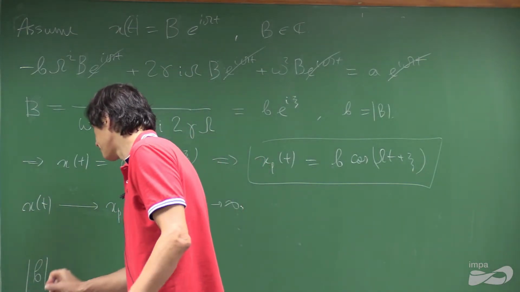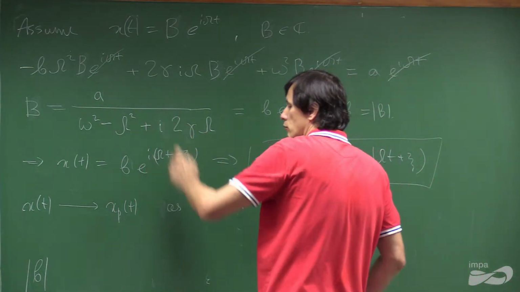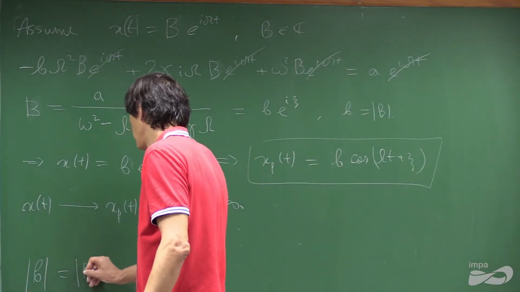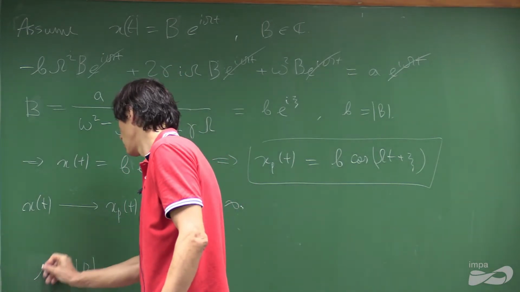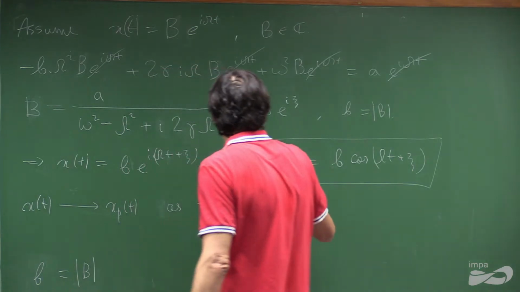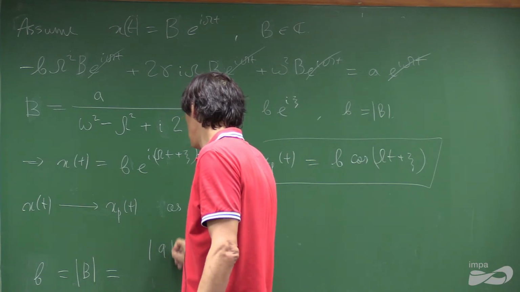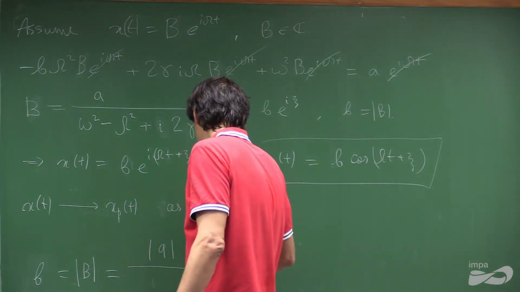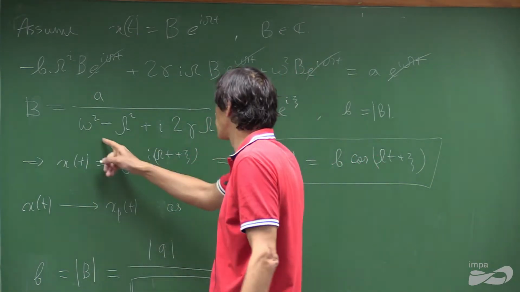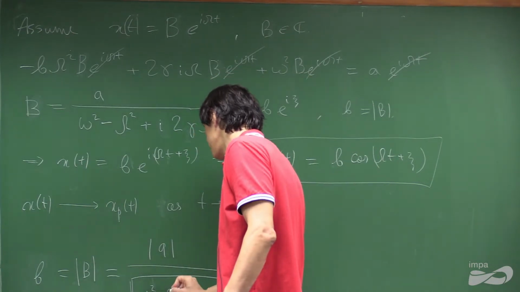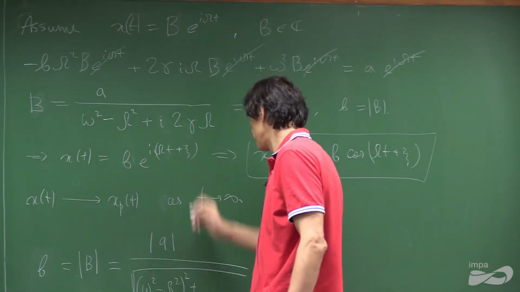The absolute value of b can be computed as the absolute value of this quantity: the absolute value of the numerator over the denominator, and the absolute value of the denominator is the square root of the sum of the square of the real part plus the square of the imaginary part.